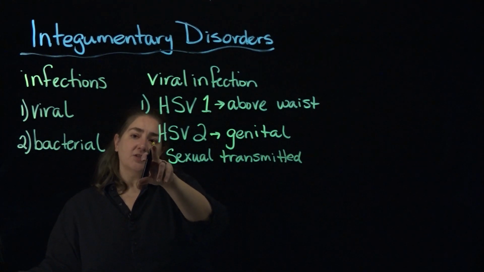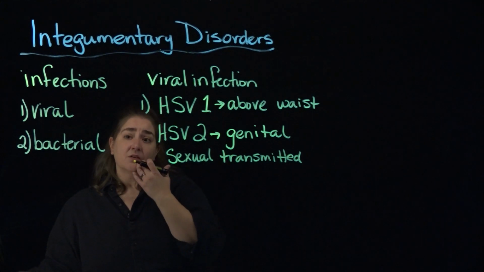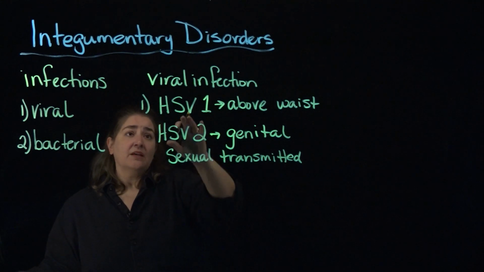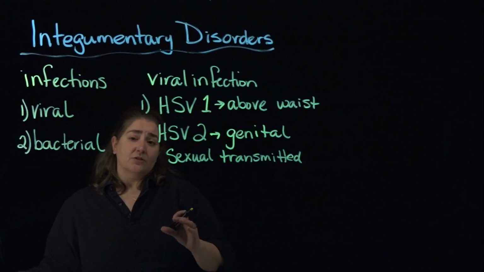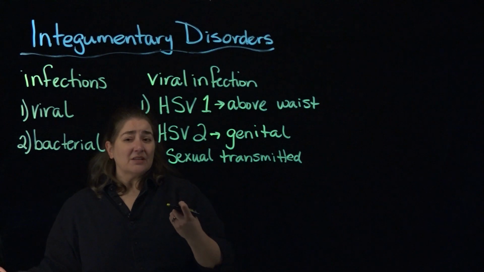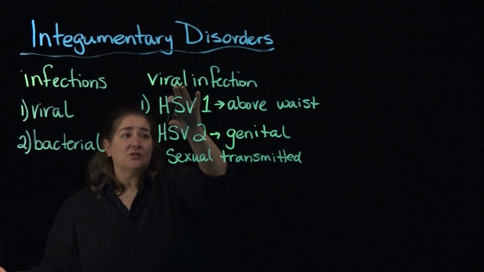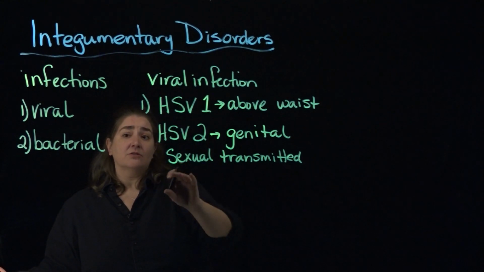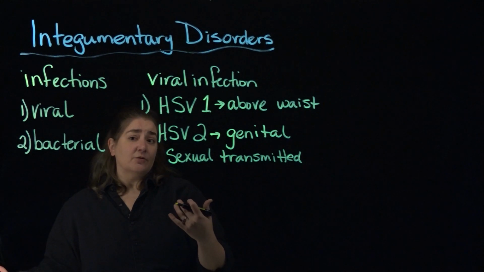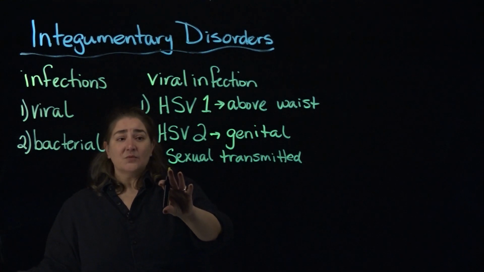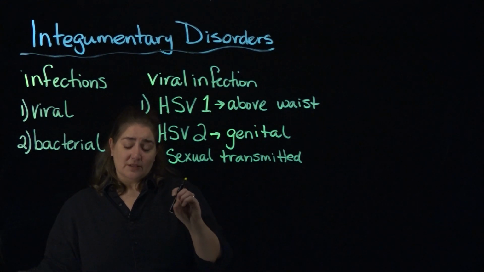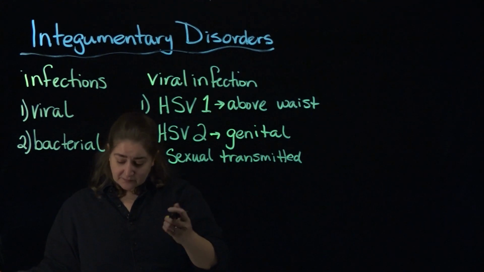So you can have HSV2 infections around the oral cavity, around the mouth, and you can have HSV1 in the genital regions. So typically they do stick to either above the waist or genitals, but you can have either viral infection in either location, all right?